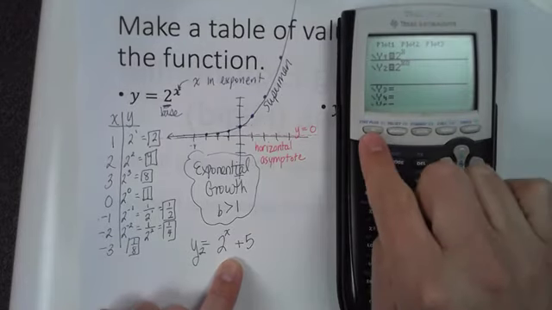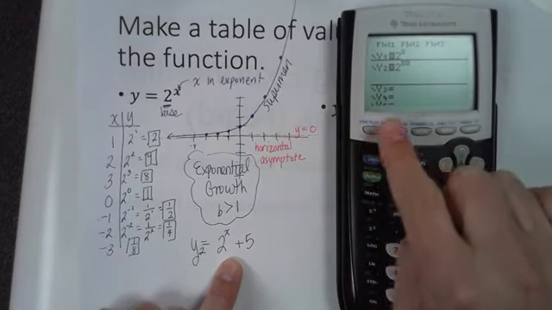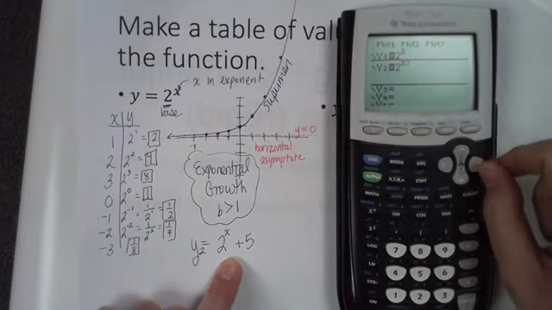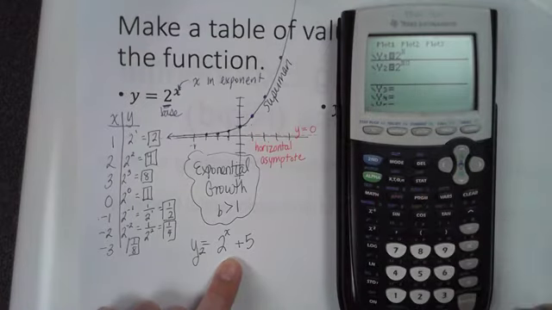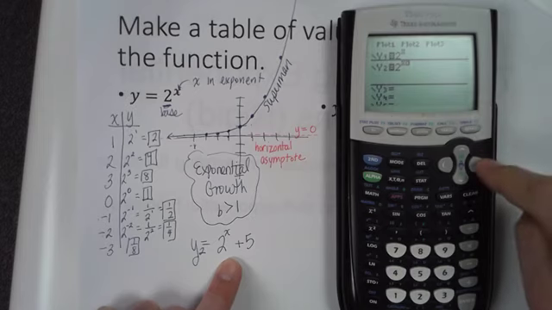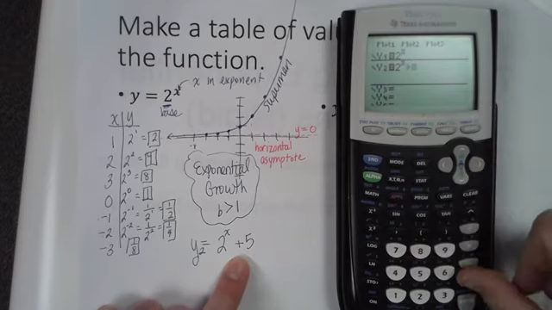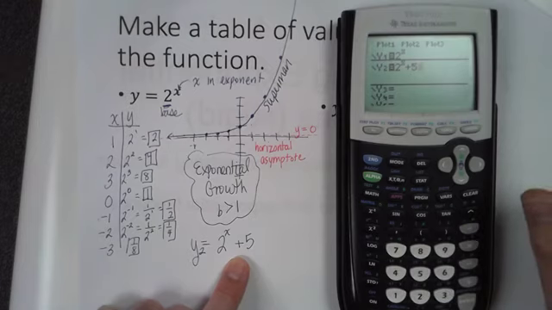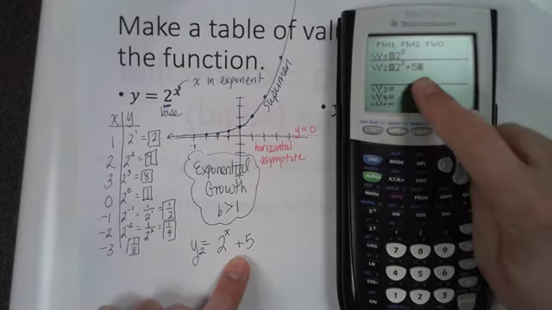Go back to y equals. Arrow down to y2, type in 2 to the x. And then you need to arrow over so you can do the plus 5. Make sure your plus 5 is not up high, but it's down low.